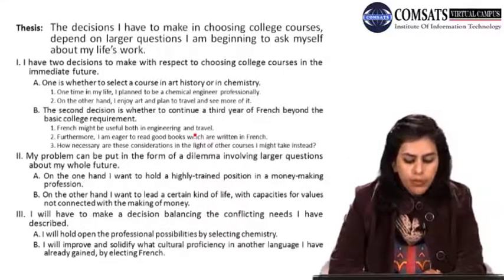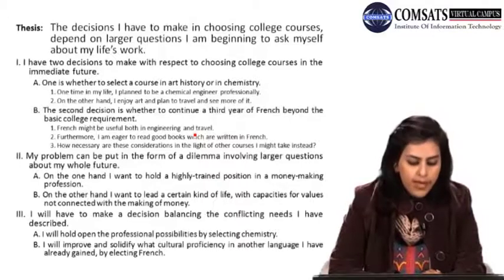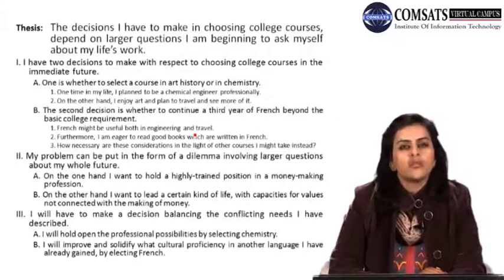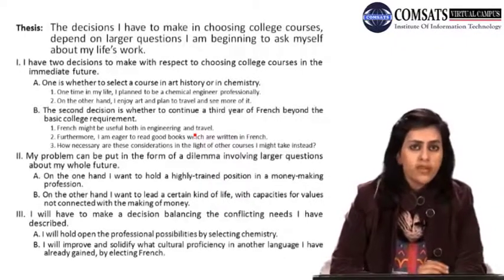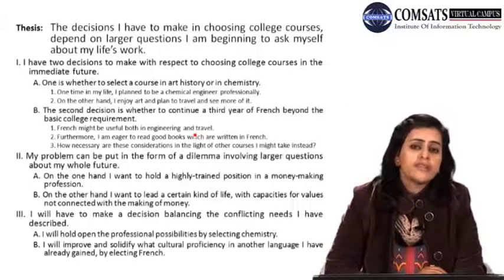My problem can be put in the form of a dilemma involving larger questions about my whole future. Now he has got a problem. Let's see what it is. His point A says, on the one hand, I want to hold a highly trained position in a money making profession. He is mentioning the problems he can have in the future, when he decides what kind of degree and courses he wants to take.